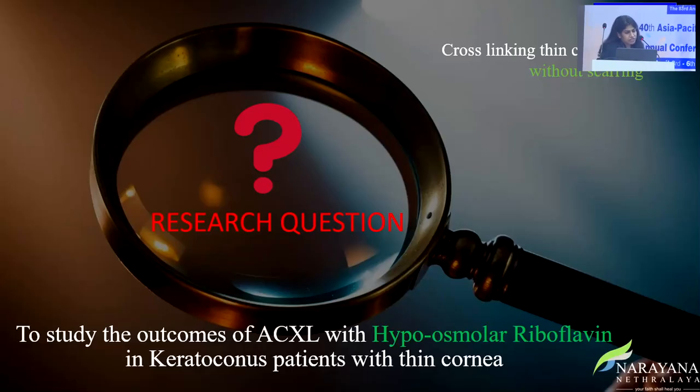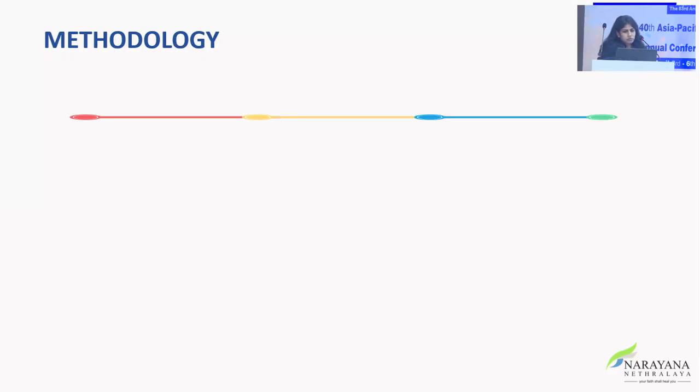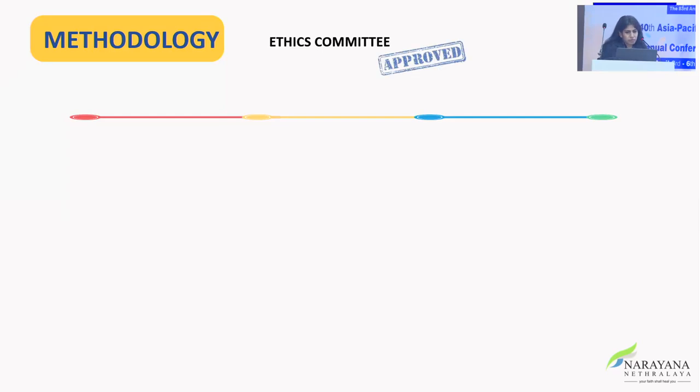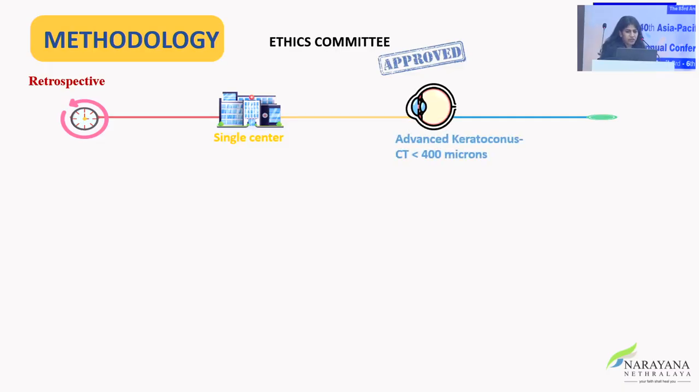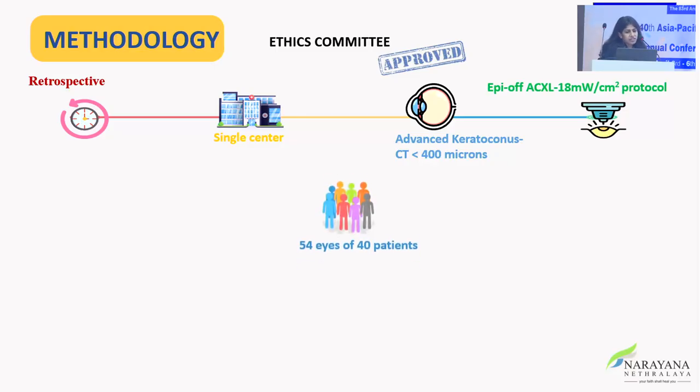The purpose of our study was to study the outcomes of accelerated collagen cross-linking, 18 milliwatt per centimeter square protocol, with hypoosmolar riboflavin solution in keratoconus patients with thin cornea. Once the ethics committee approval was taken, our study was a retrospective study carried out in a single center, Narayan Netralaya, in patients with advanced keratoconus of corneal thickness less than 400 microns using an epi-off accelerated collagen cross-linking protocol of 18 milliwatt per centimeter square.